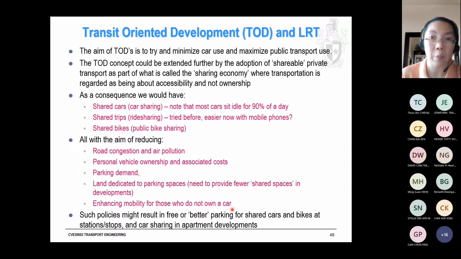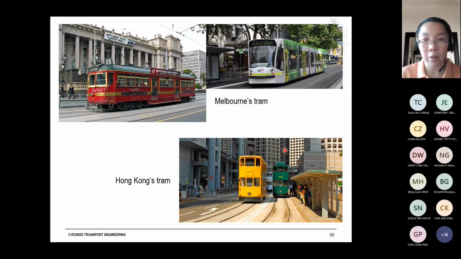So all these people would need to be provided with public transport. So here we have Hong Kong's tram, Melbourne tram. All these are common, sharing the road space with vehicles.